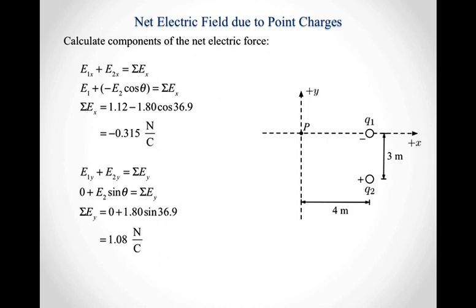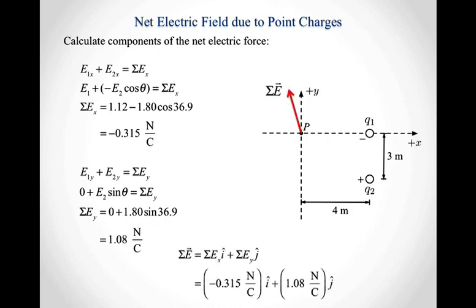So that tells me the simplest way to report the net electric field, now that I know the components, is just to report it in unit vector notation. And so x component i hat plus y component j hat. Plugging in those values, the net electric field as a vector is negative 0.315 newtons per coulomb i hat plus 1.08 newtons per coulomb j hat.